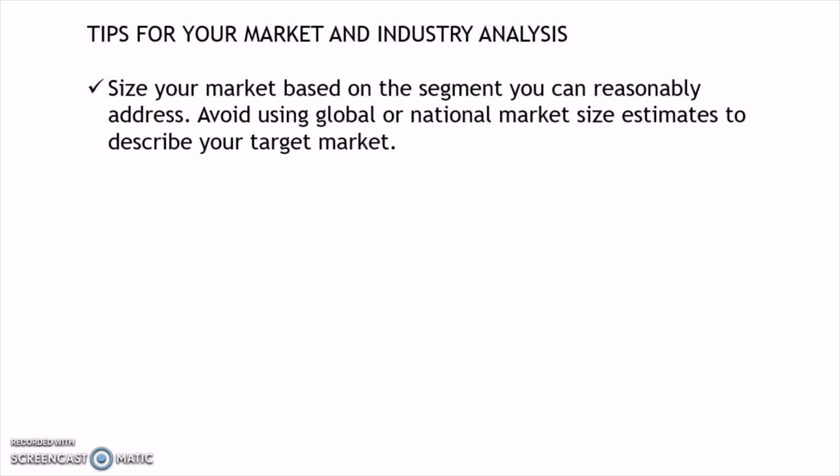So while you're saying that the size of the market is 1 million, when you remove the Lagos market and the Kano market, which you cannot easily address, you see that the size of the market significantly goes down, right?